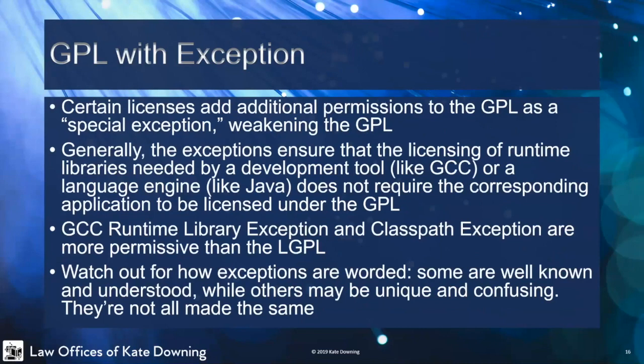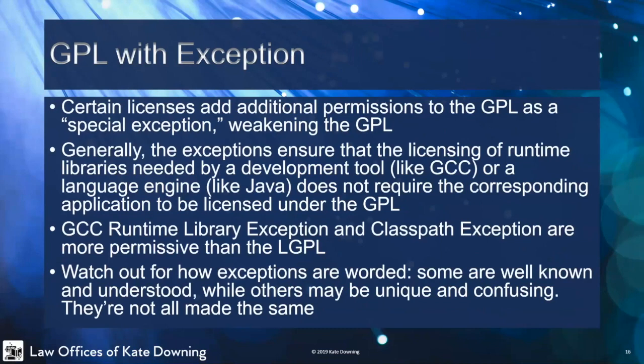It's probably not going to be in the red light category, and the obligations are very similar to the other copyleft licenses. The only thing I would watch out for with GPL with exception kind of licensing is that some of the exceptions are very well known. So the GCC runtime library exception or the Classpath exception, very common in the open source world. Everyone has seen this.